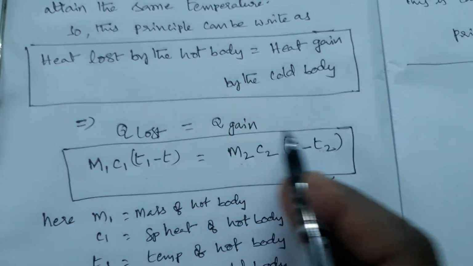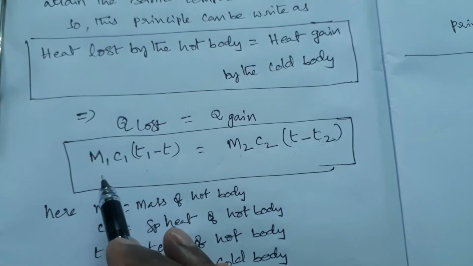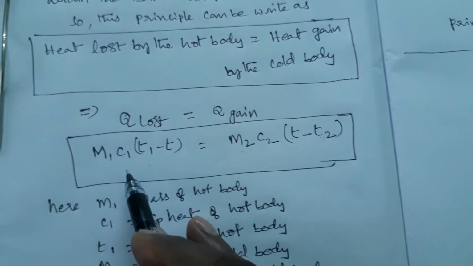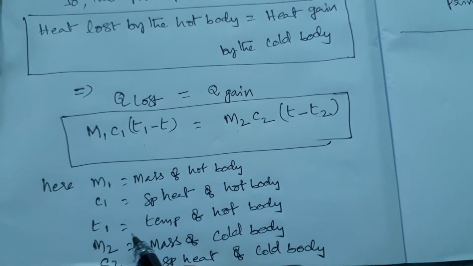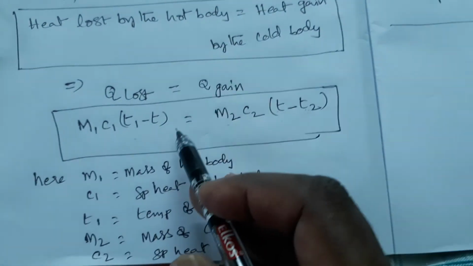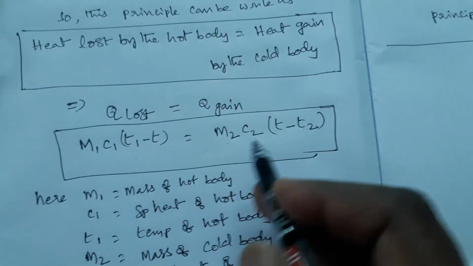The principle of mixture we can represent with this formula. Once again I repeat: m1 is mass of the hot body, c1 is specific heat of the hot body, T1 is hot body temperature in the beginning, T means middle temperature of the mixture after mixing hot and cold.